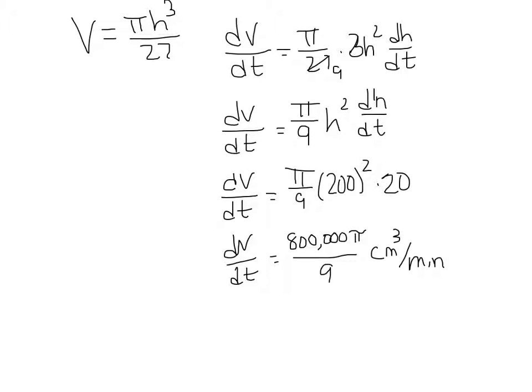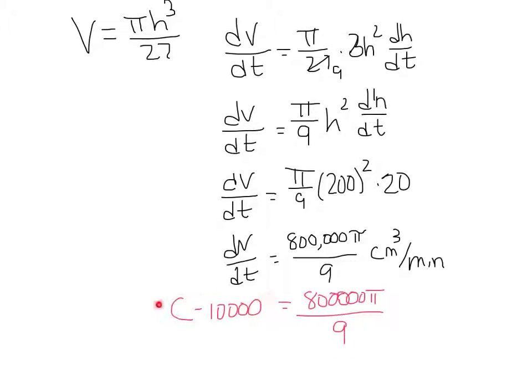We know that C is related to the amount of water being pumped in, but the rate of change of the volume is the water going in minus the water going out. So this dV/dt that I have right here is actually C minus the 10,000 cubic centimeters that are coming out. This C minus 10,000 is really 800,000 pi over 9. So again, let me just make sure that we all understand that.